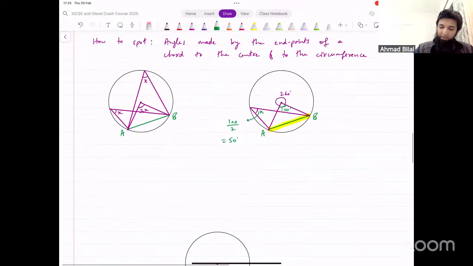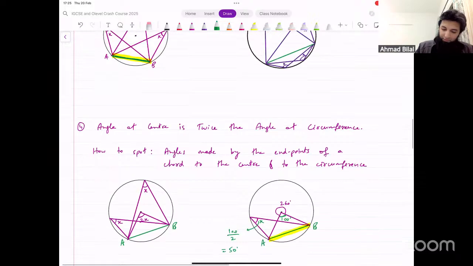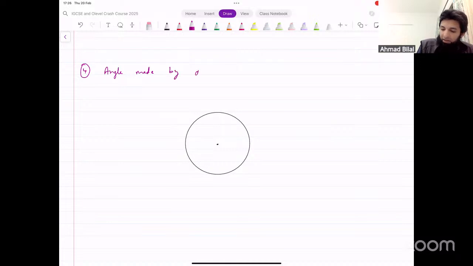Okay, let's move on. That was the fourth one. Next. Angle made by diameter on the circumference is 90.